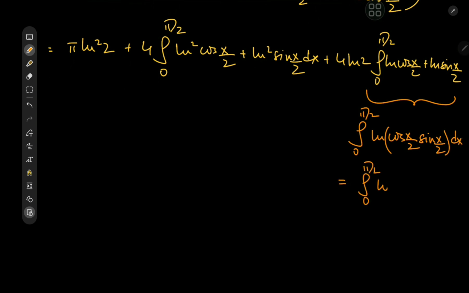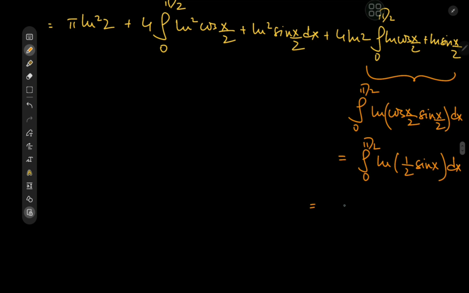So we have the integral 0 to pi by 2 of log of 1/2 sine x dx. And again, properties of logarithm: the integral from 0 to pi by 2 of log 1/2 plus the integral from 0 to pi by 2 of log sine x.